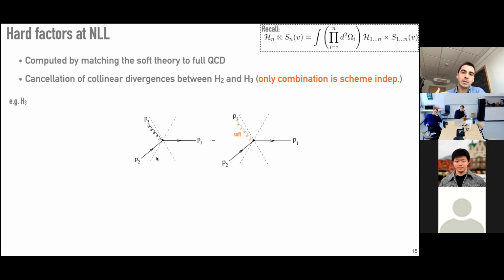Now, since this hard factor describes the hard modes inside the jets, this computation can be treated at fixed order. So I can just expand this in alpha S and consider only the emission of a single gluon. The difference between these two pieces now is by definition finite in the soft limit, because I'm subtracting it off, but it still has a collinear singularity when the gluon is hard and collinear to the fermion line.